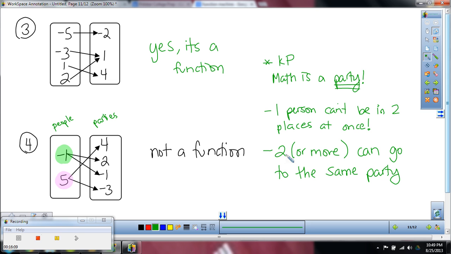This is an easier way to remember it because we can relate it to our lives. One person can't go to more than one party, but two people can go to the same party. So we want to have a lot of people going to a party to make it interesting. So he can go, and he can go, and they can go, and we can have everyone going to this party.